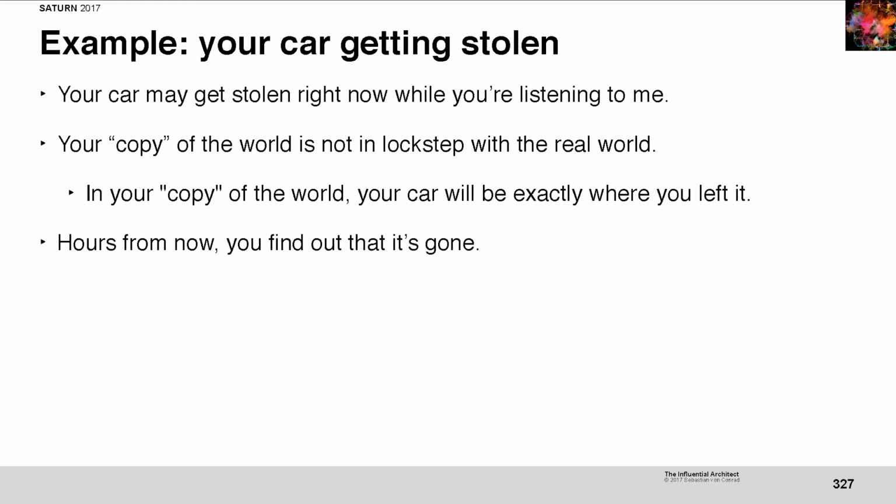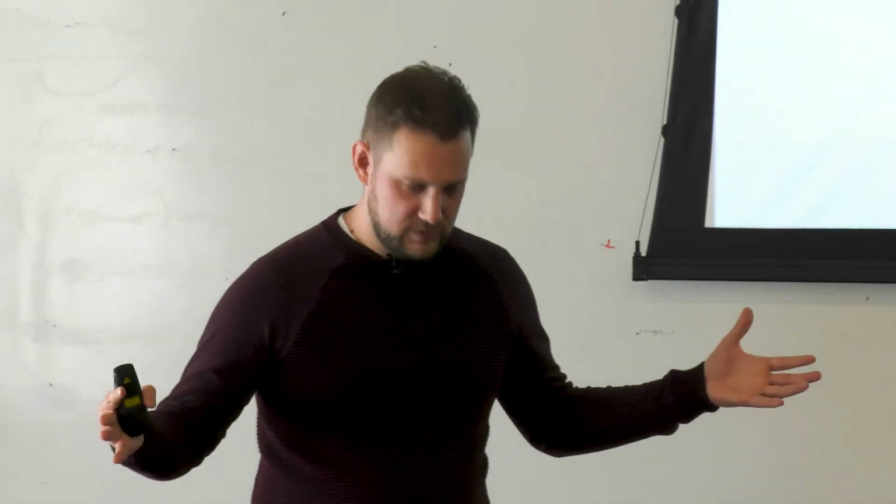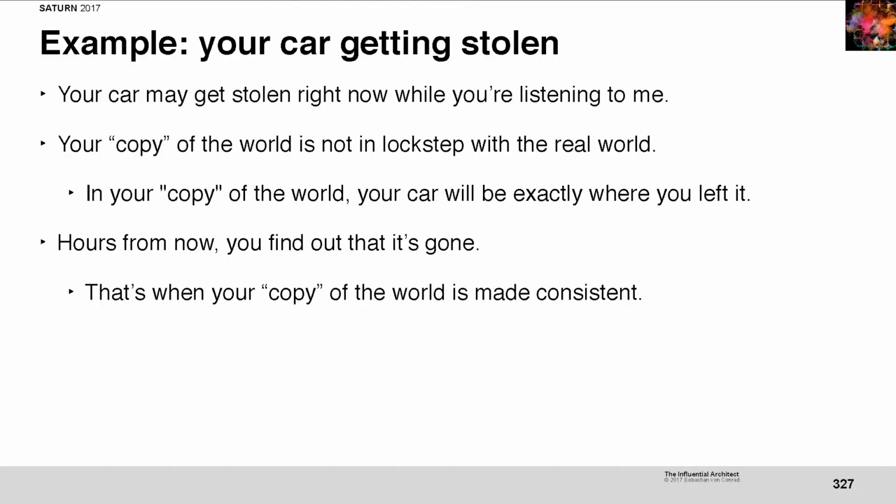But hours from now, when you walk out of here and say, that event sourcing talk, that was really good, or bad, depends on what you think, you find out, where's my car? My car's gone, right? That's when your copy of the world is made consistent with the world out there. And this is eventual consistency.